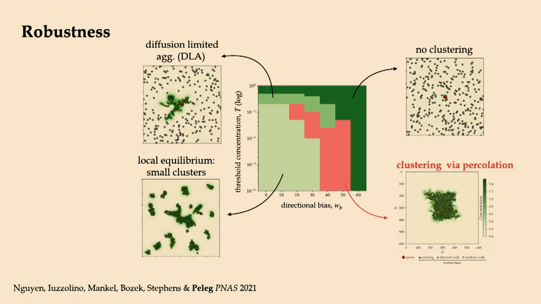And for those who are familiar with aggregation processes, and I'm assuming there's a bunch of you here, none of these phases are really surprising, but I think what's really interesting here is that this more optimal phase, or optimal aggregation, happens in the presence of directional bias, which hints that directional bias is making this whole process a little bit more robust.